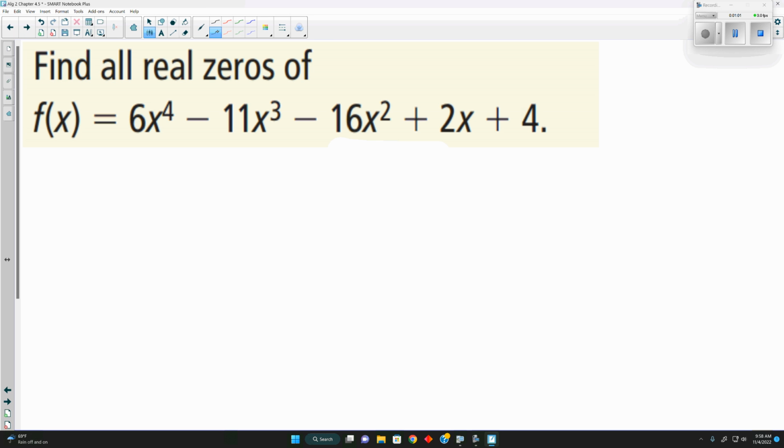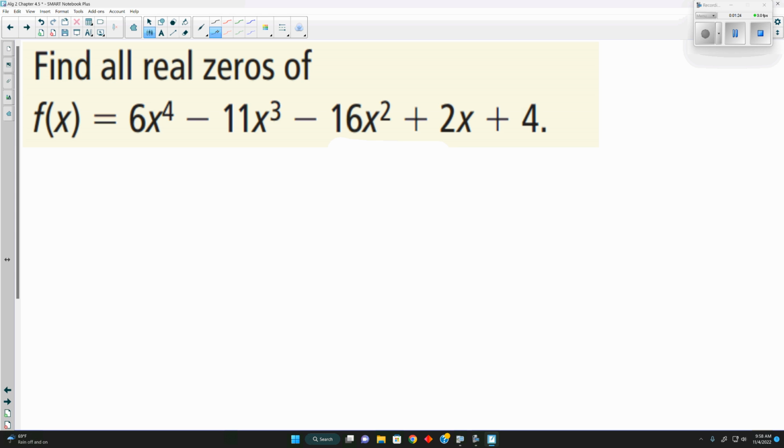All right, guys, so if we look at this first problem, 6x to the fourth minus 11x cubed minus 16x squared plus 2x plus 4. With any of these, the first place I would start is graphing.